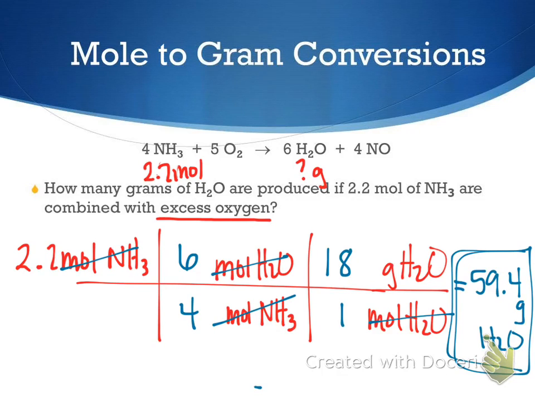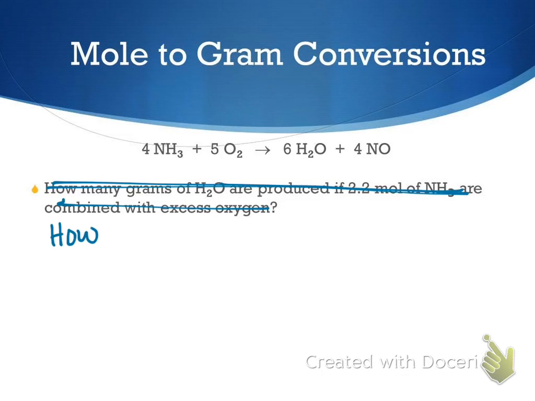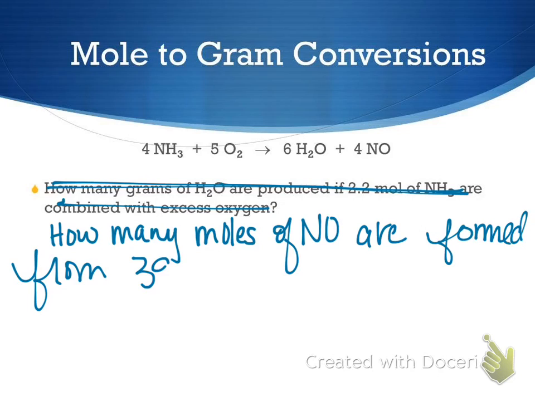I want to use the same balanced formula now, and I'm going to give you a different question. How many moles of NO are formed from 39.2 grams of O2?